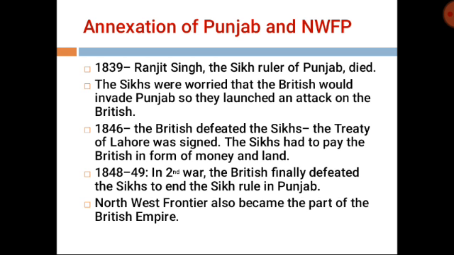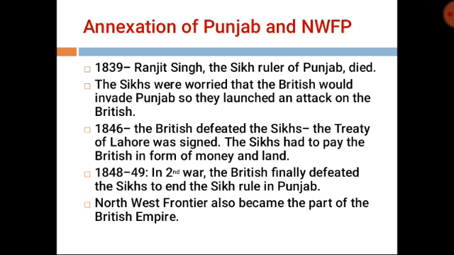Already we know that Punjab was under the rule of Ranjit Singh. In 1839, Ranjit Singh died, and the later rulers after Ranjit Singh's death thought that the British would now get control of Punjab.